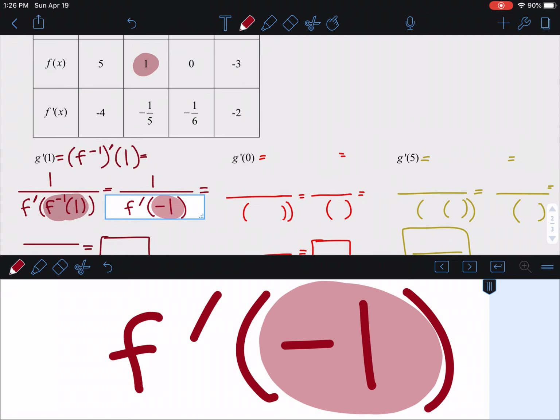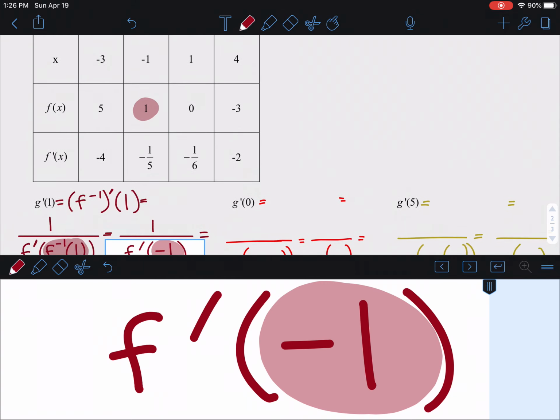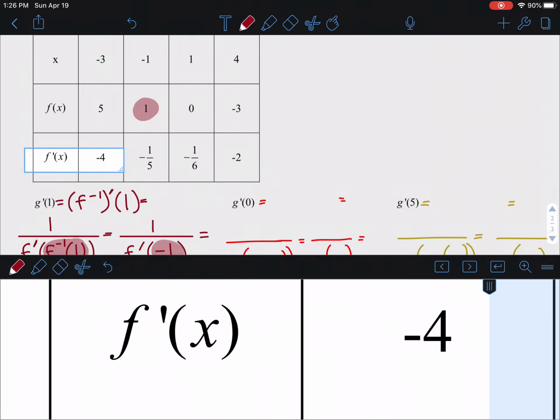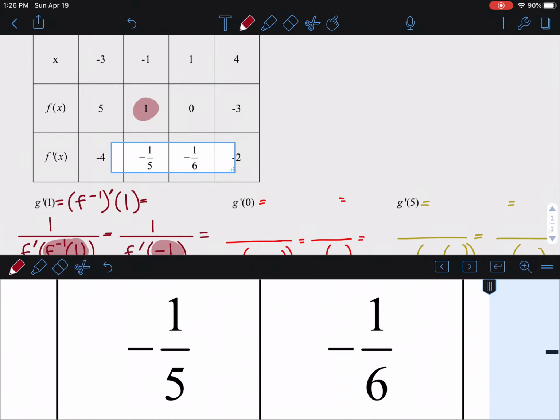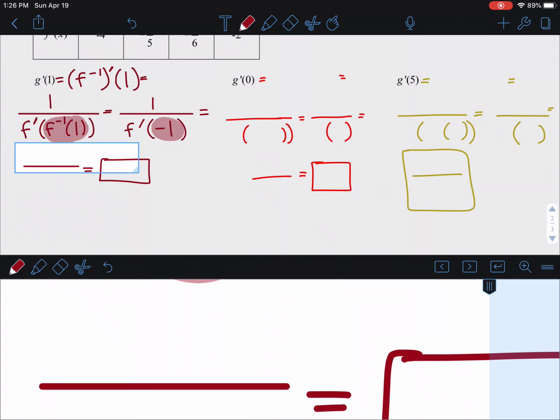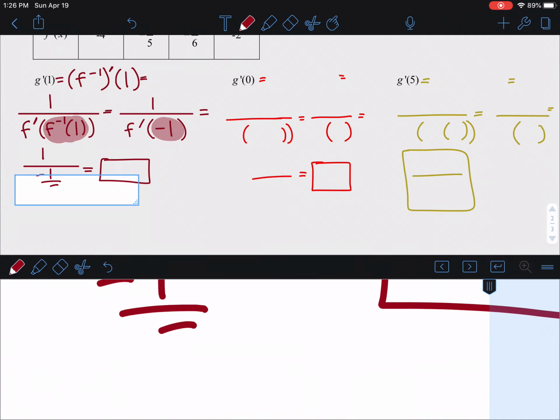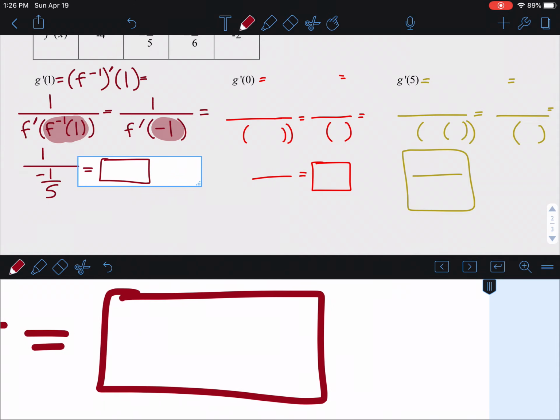And now I can look back at my table and go, okay, when x is -1, what is the value of f prime? It is -1/5. So this becomes 1 over -1/5, and so we get -5. And that's my final answer.